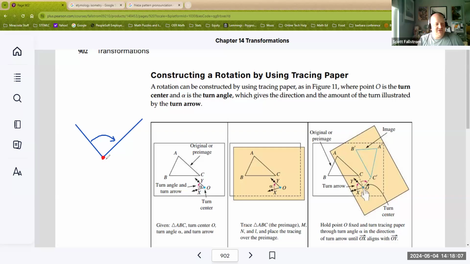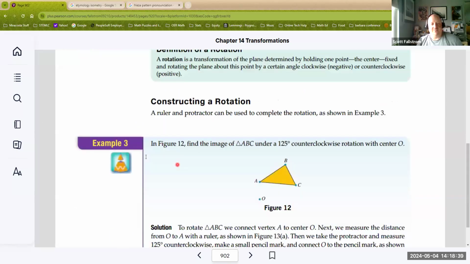I put a dot on my tracing paper and I put a line right on top of this line. And that way, I twist until my red line matches up with this other blue line. And that way I can see, did I move it the exact amount? If that makes sense. So I don't need to copy the whole angle. I really just need the center point and that segment, and then I twist until the red line lies on top of the other. So that's how I go about doing it when I'm doing it with the patty paper.